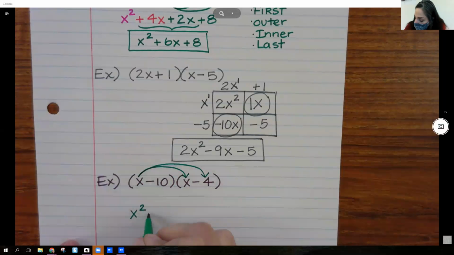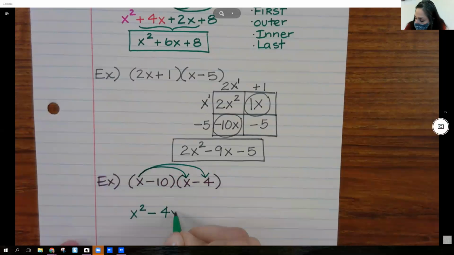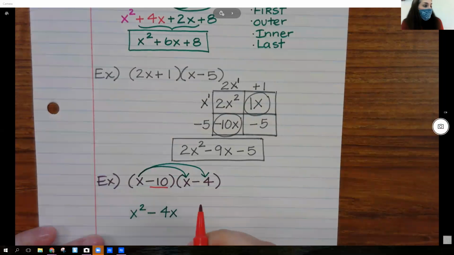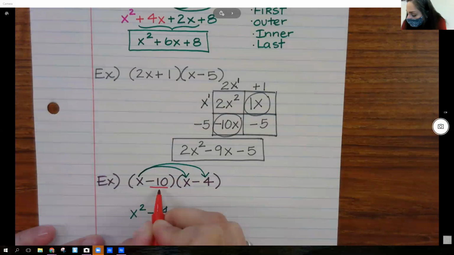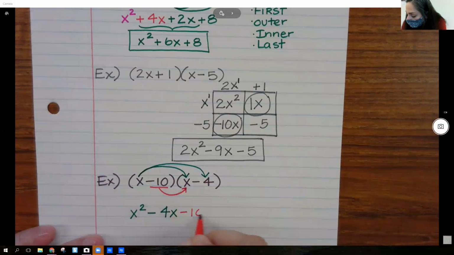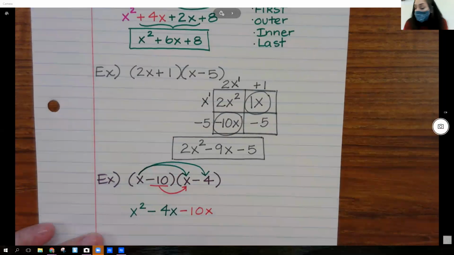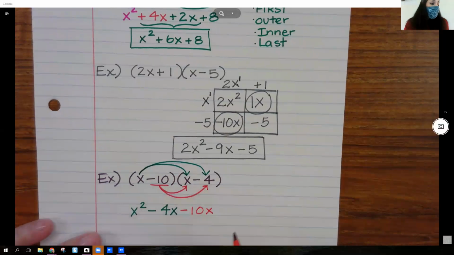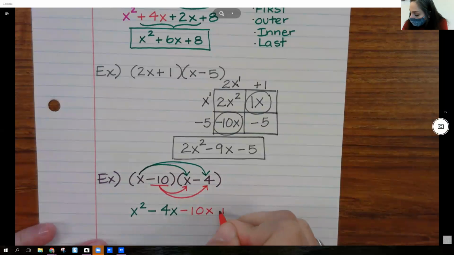So that'll be -4x. Then we're going to switch, and now it's this one's turn, the -10. So don't forget this is a -10. -10 times x is -10x. And -10 times -4, well, negative times a negative is a positive. So this would be plus 40.